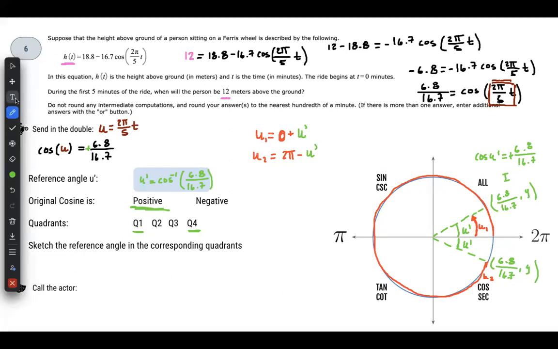What is U prime? I'm going to write it here. U1 is equal to 0 plus the inverse cosine, and that's the reference angle. The reference angle needs to be in terms of a positive value, 6.8 over 16.7, and here is going to be 2 pi minus the inverse cosine of 6.8 over 16.7.